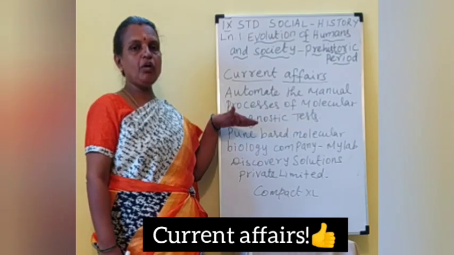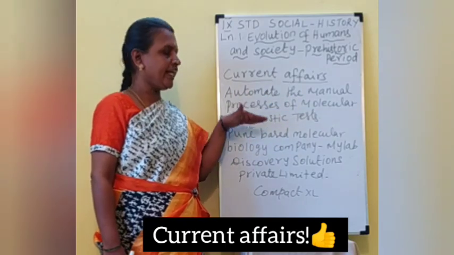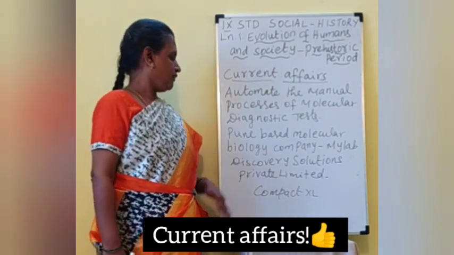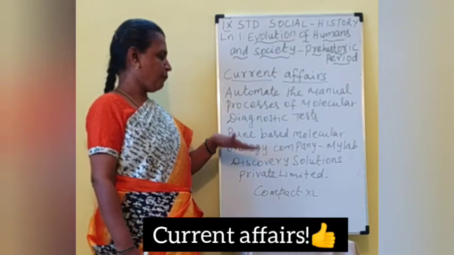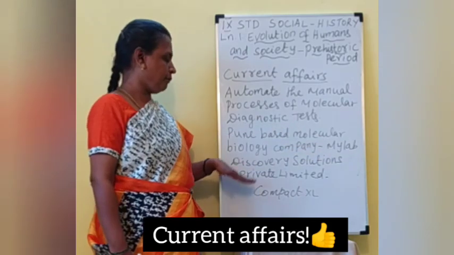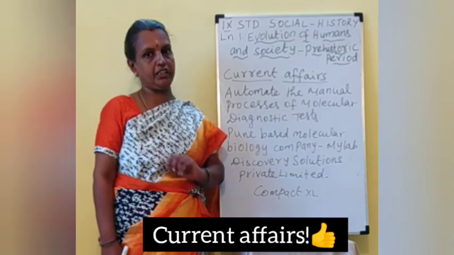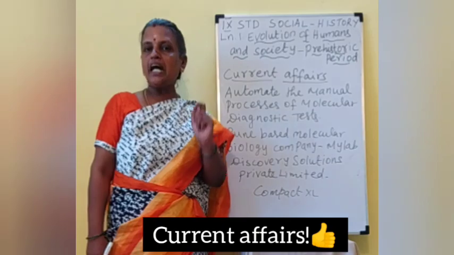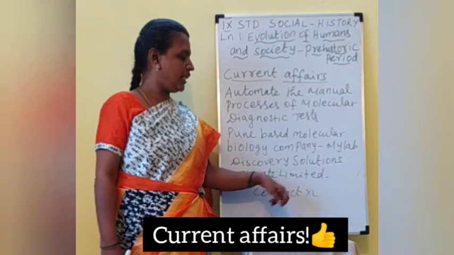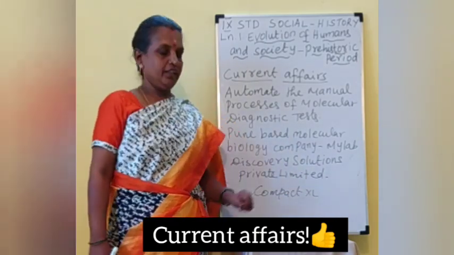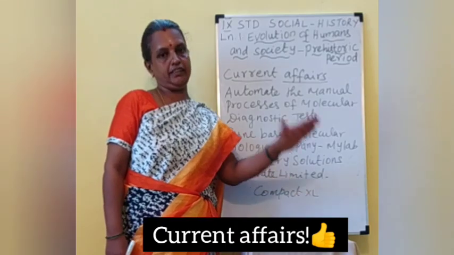Automate the manual process of molecular diagnostic test. Pune-based molecular biology company MyLab Discovery Solutions Private Limited launched a cartridge-based machine which is called Compact Excel. This is fully automated.